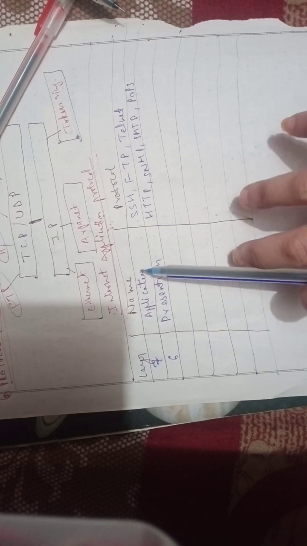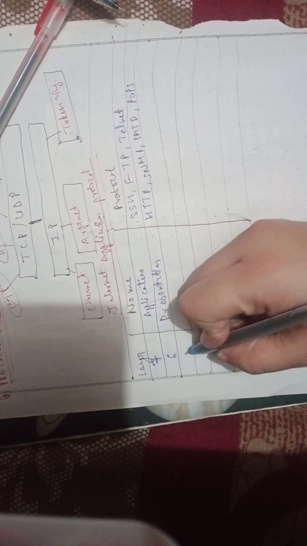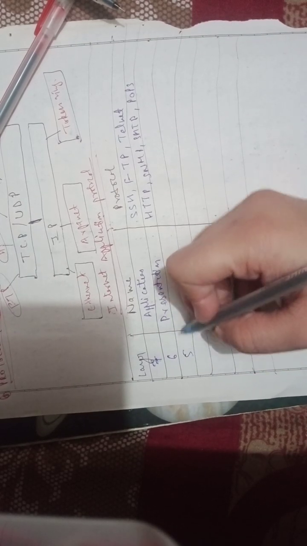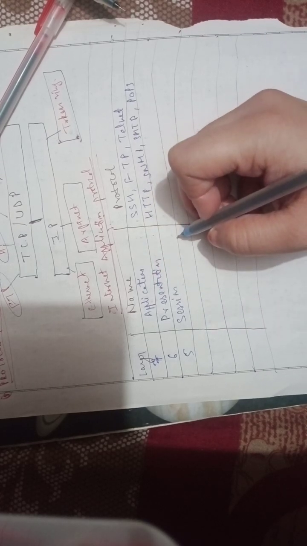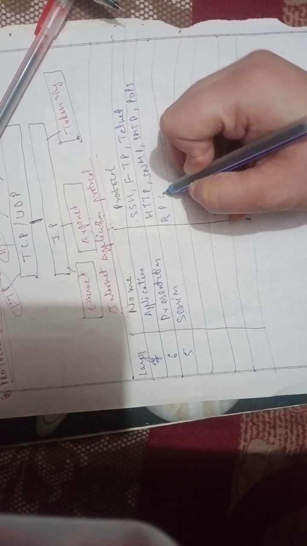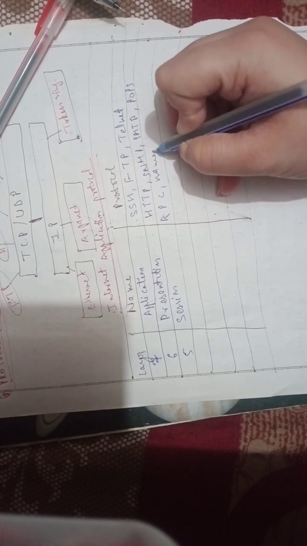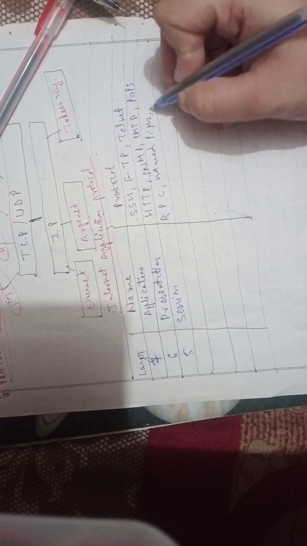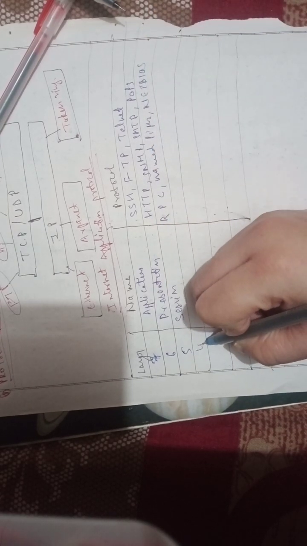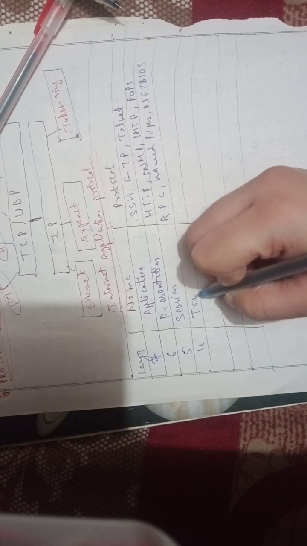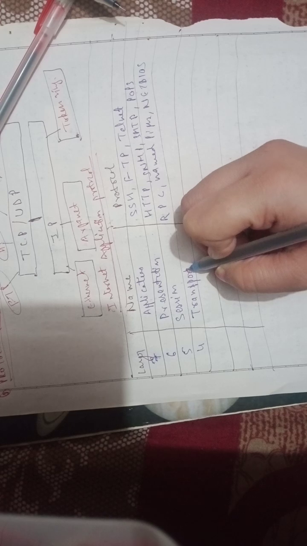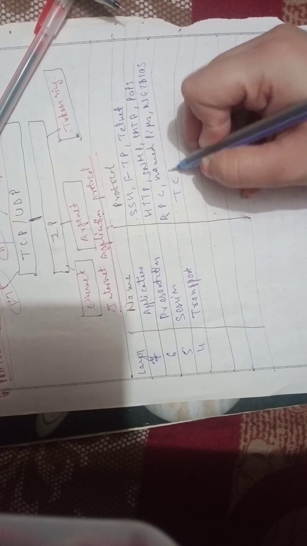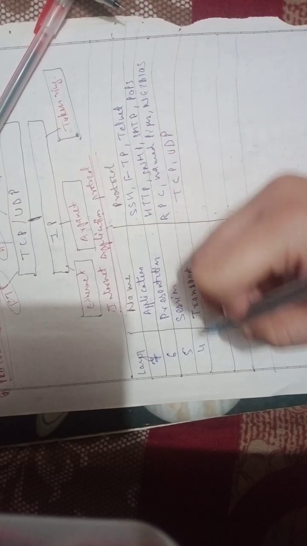So the seventh layer is the application layer. Then the fifth layer is your session layer, and here RPC, named pipes and NetBIOS are used. Next is the fourth one, which is the transport layer, with TCP and UDP.